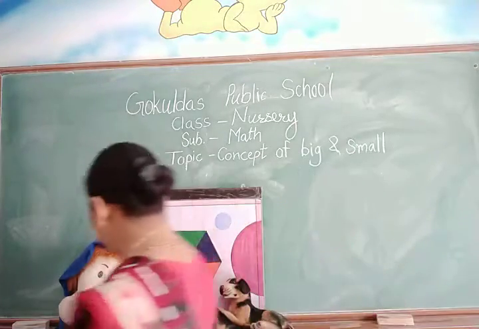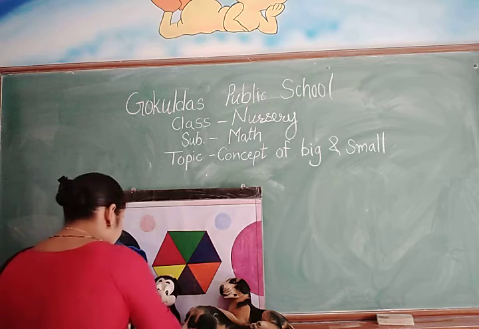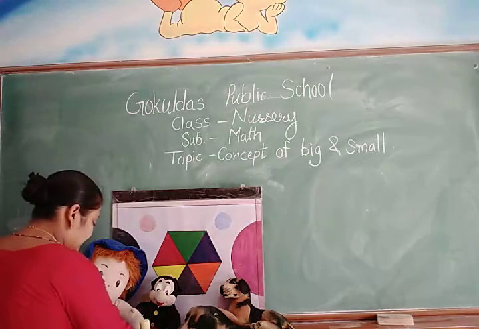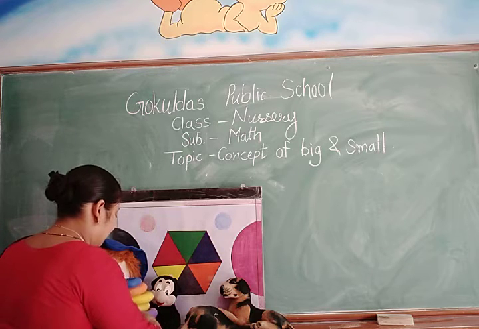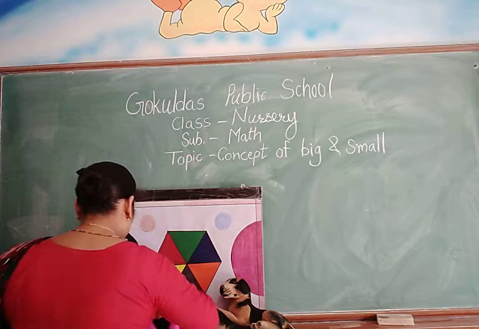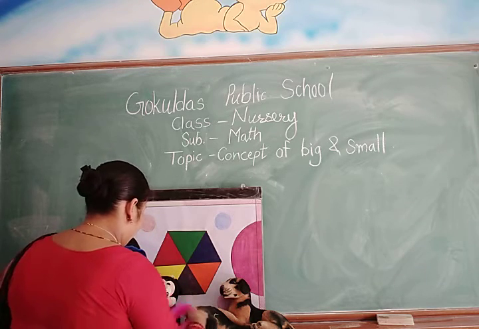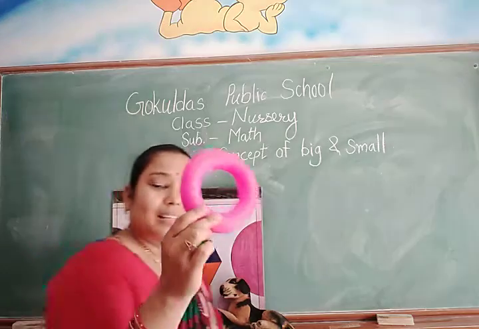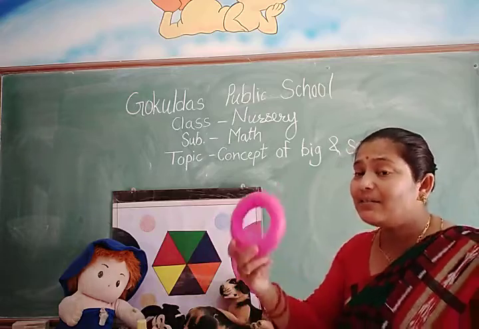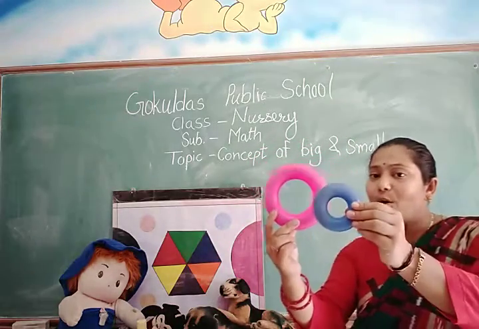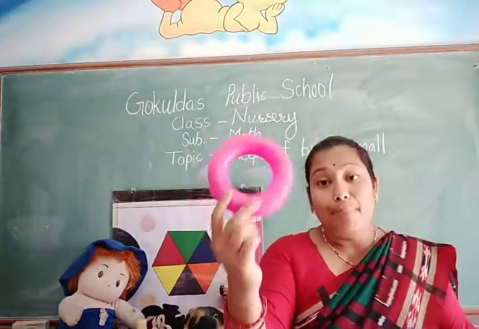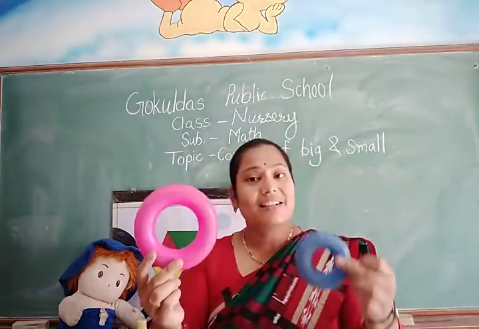Now second thing. See here. This is a big ring. Ring. This is a ring. Big ring, small ring. Okay.